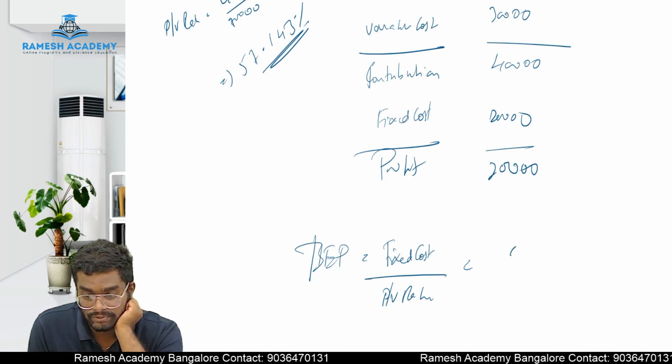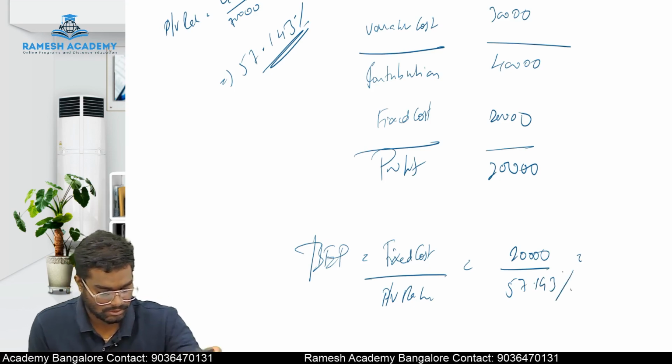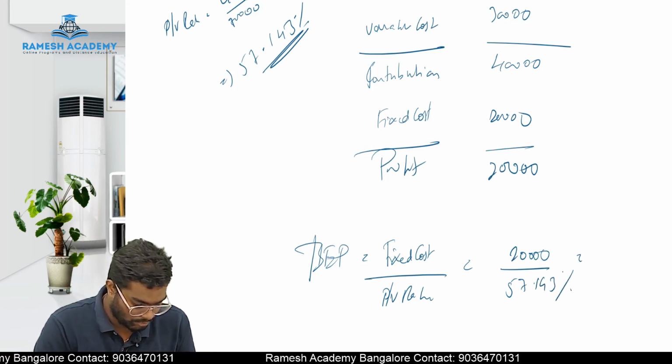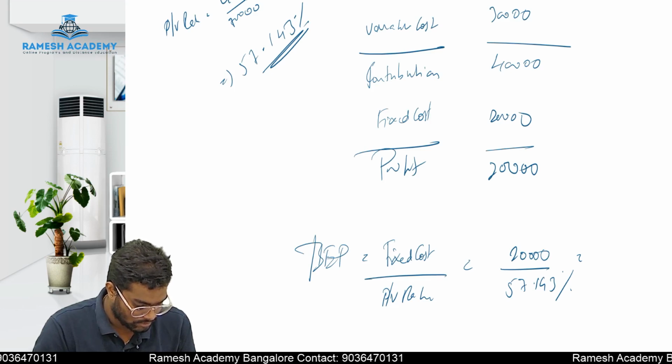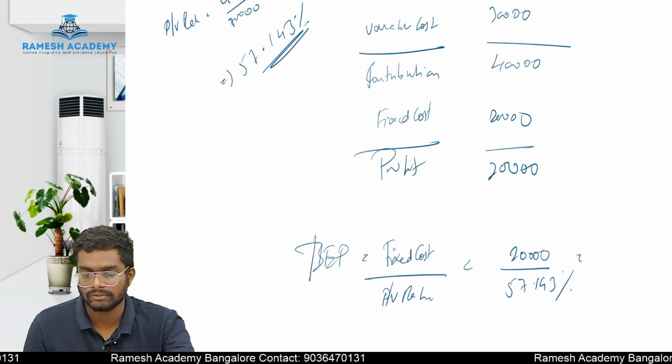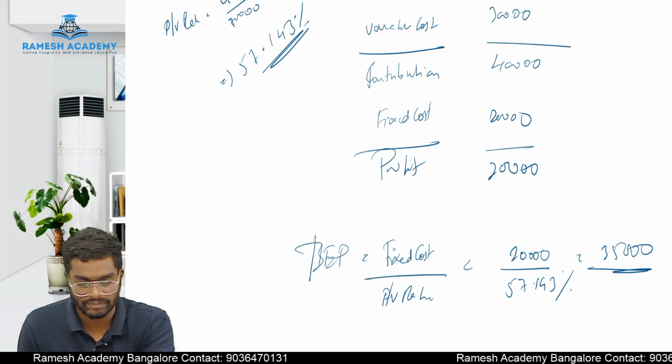So what is my fixed cost? 20,000 divided by 57.143. How much is that? I'll round it out to 35,000. I'll get 34,999, I'll round it up to 35.